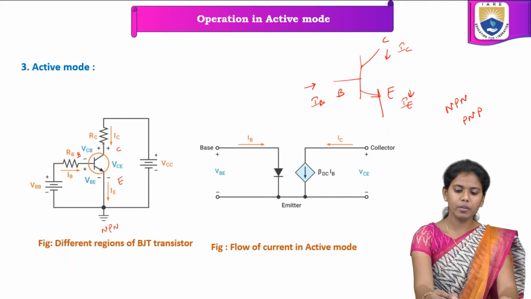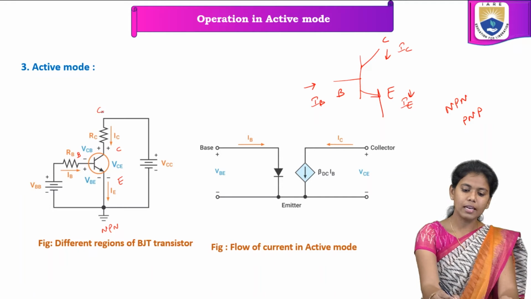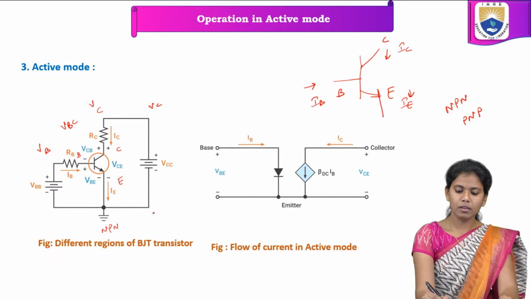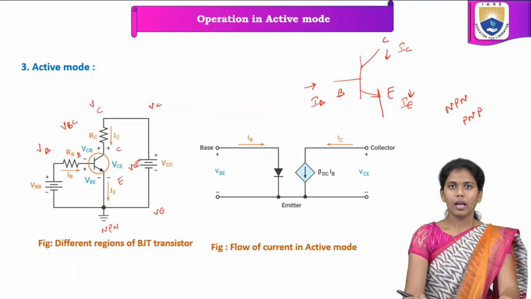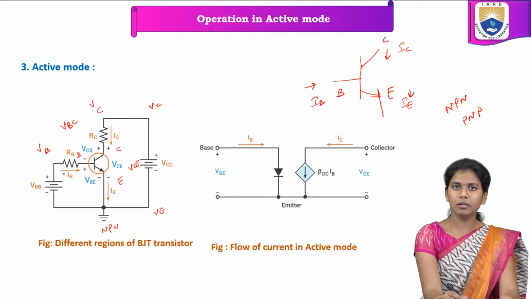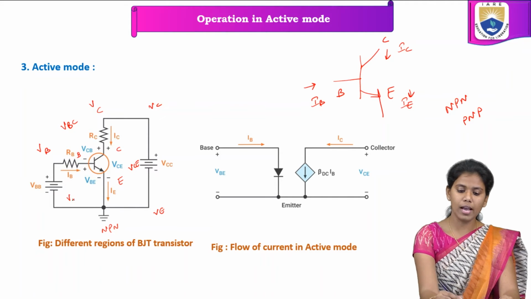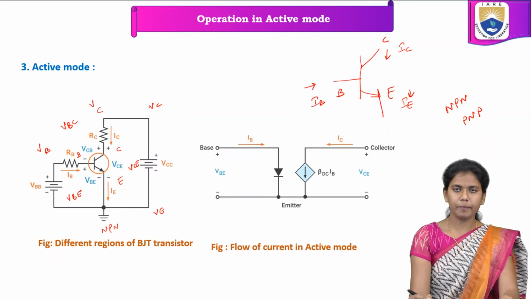So here the voltage between base and collector is VBC, the voltage between collector and emitter is VCE, and the voltage between base and emitter is VBE, right?